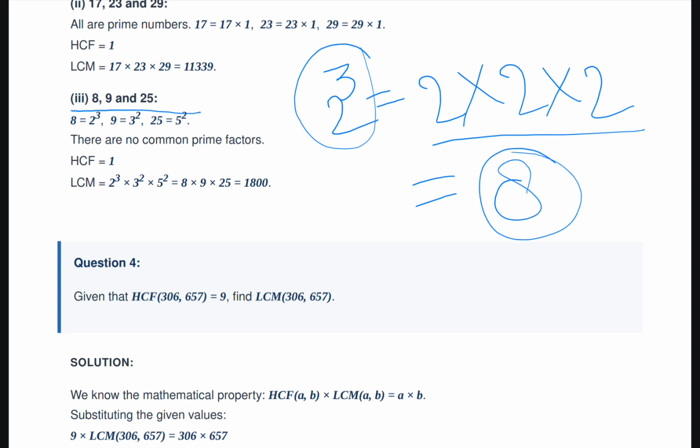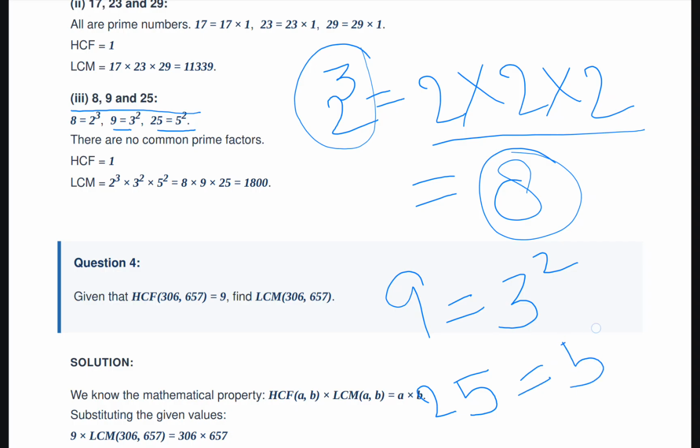In the same way you get the prime factors of 9 and 25. 9 is equal to 3 raised to the power 2, and 25 is equal to 5 raised to the power 2.